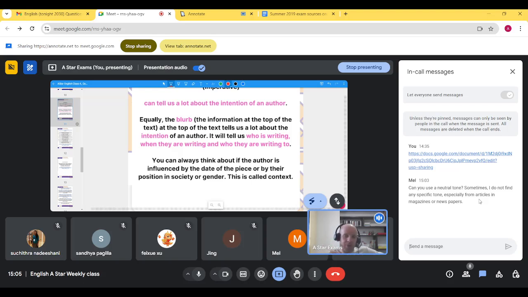Just seeing we got a question from Mel. So Mel said, can you use a neutral tone? Sometimes I do not find any specific tone, especially from articles in magazines or newspapers. Exactly. It's a really good point, Mel. Particularly if writing is more academic in nature, or more formal in its style, maybe focusing more on statistical information and expert opinion as opposed to emotional language or hyperbolic language or anything like that.